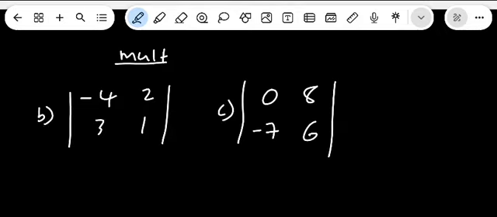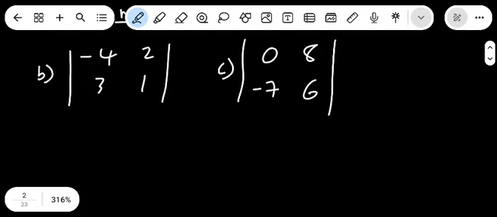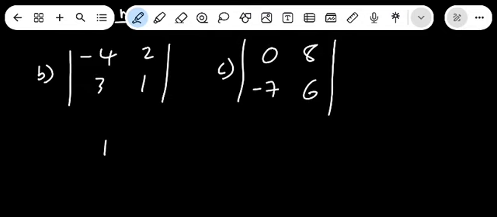When you are multiplying matrices, I want you to check the rows. How many do we have here? We have 2 rows.